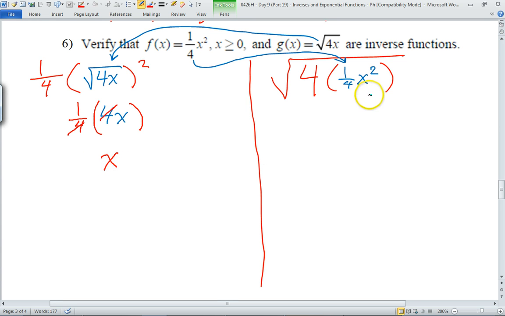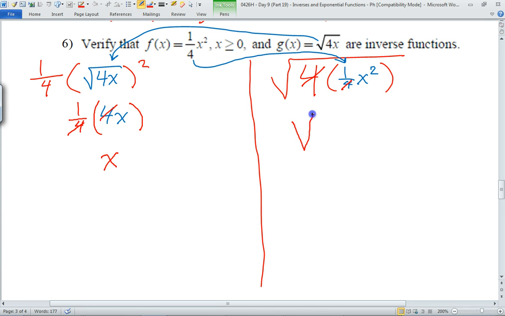So far so good. Now order of operations. Am I going to do the square root and cancel out with this 2? No, we got all this other stuff in the way first. First I'm going to go ahead and do the inside part. I'm going to multiply 4 times 1/4. So in this case, these are going to cancel out first.